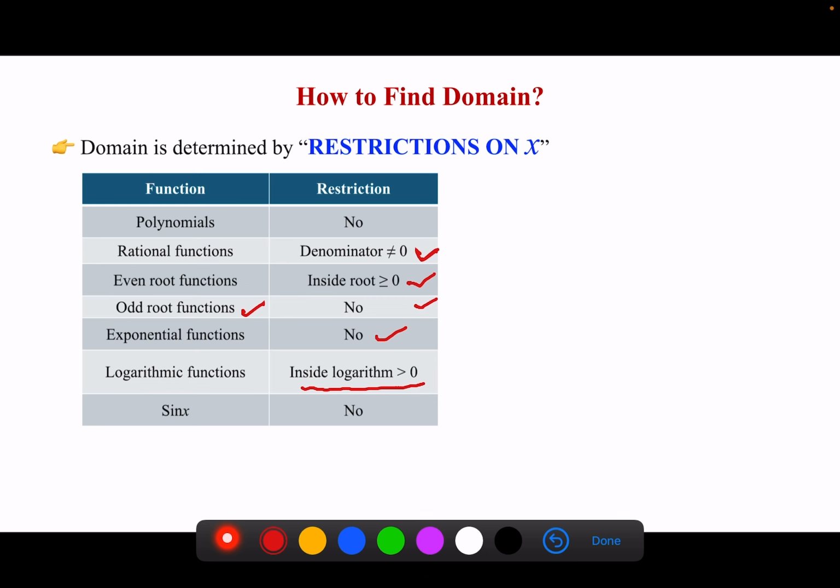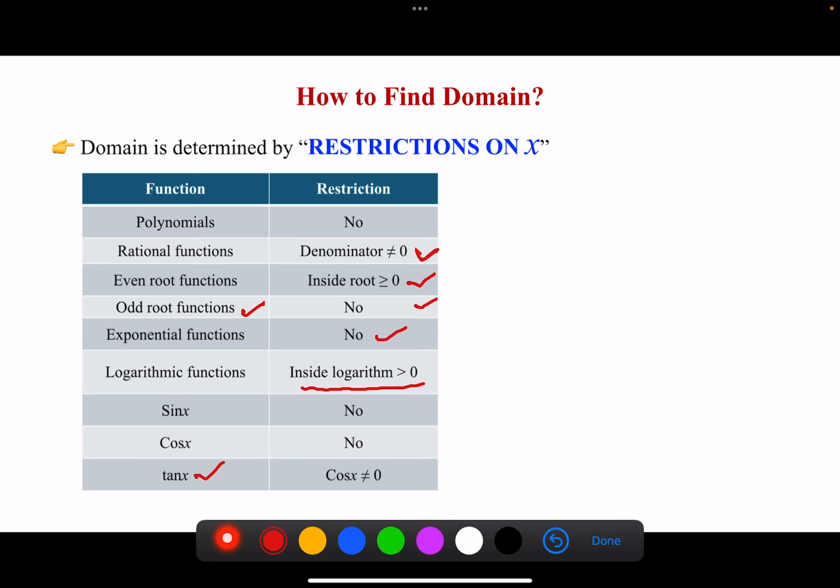Sin x is always well defined. There is no restriction. So domain is the set of all real numbers. Same for cos x. No restriction. Domain is the set of all real numbers. Trigonometric function tan x is undefined when cos x equals 0. So the restriction for this function is cos x must not be equal to 0.